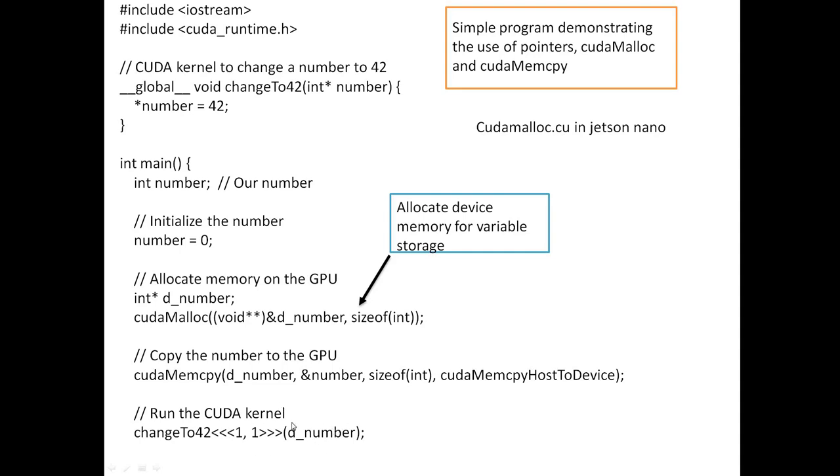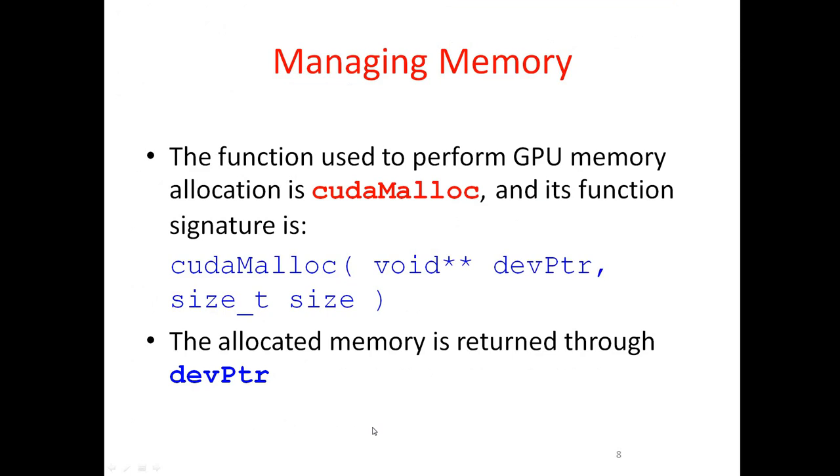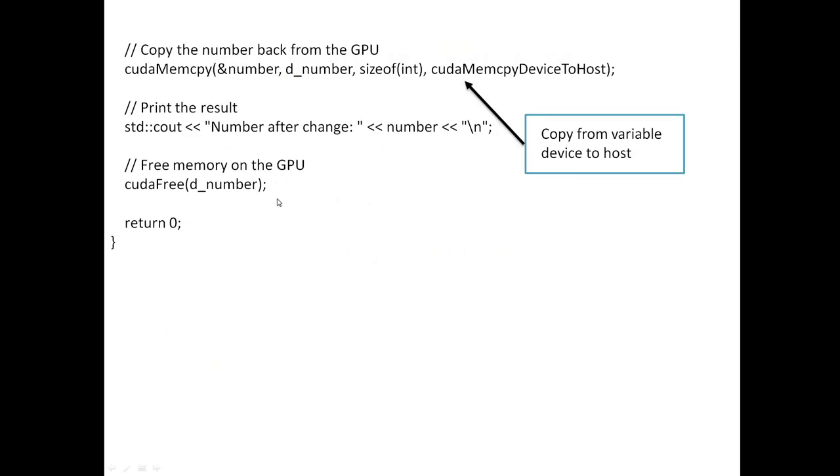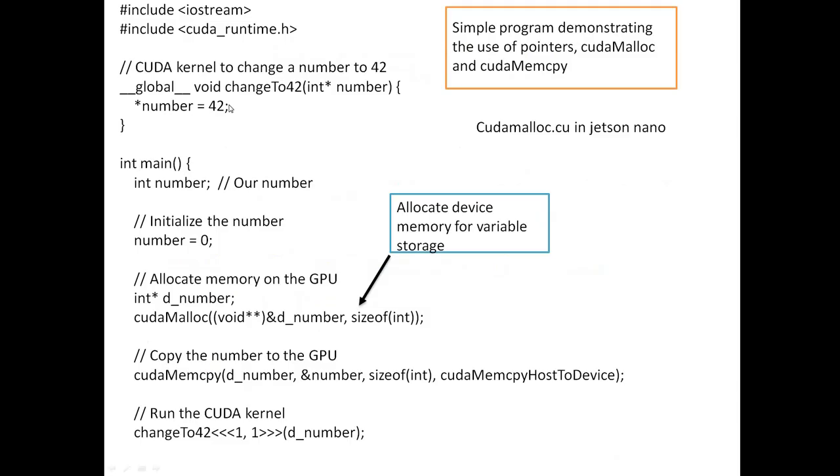And d_number is a pointer, remember that. So this is the function which you use, cudaMalloc, the pointer. This is a pointer to pointer because it is sitting in the device, and then the size. Once you execute this function, changing the number to 42, you have to bring it back also.